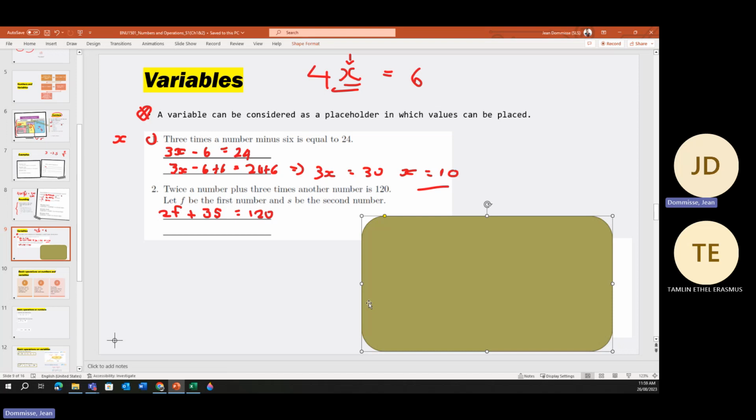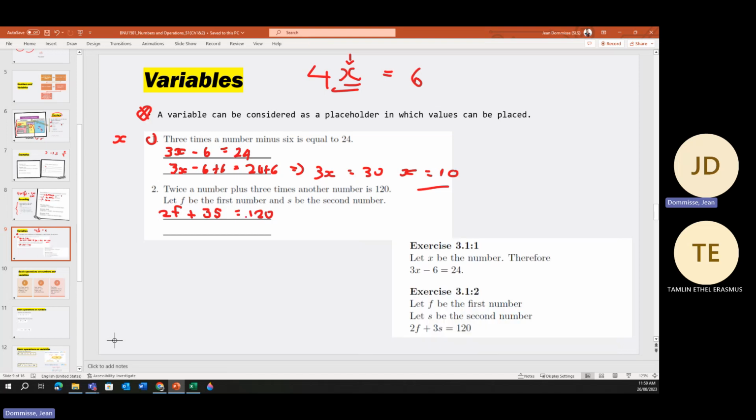But that is basically how we would write the first function, as you have seen, 3x minus 6, and this one, 2f plus 3s equal to 120. So that is nearly how we can look at it and write your variables.